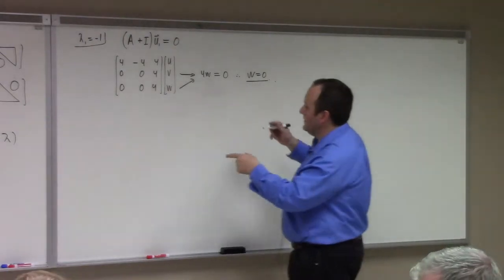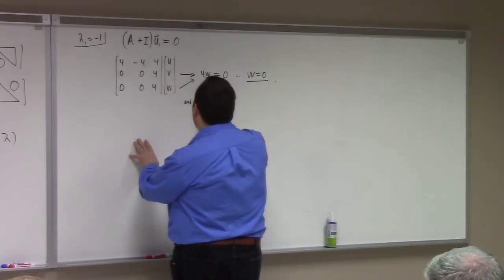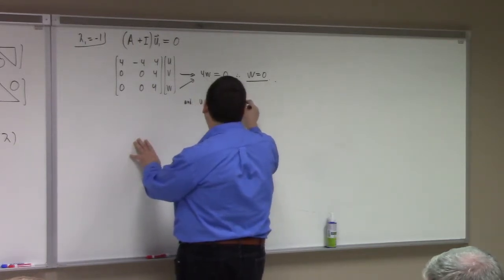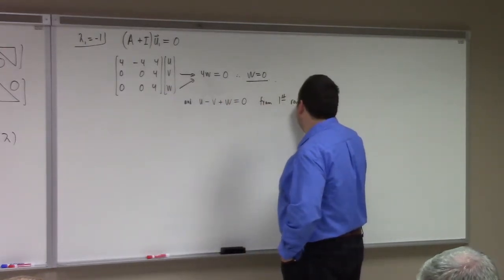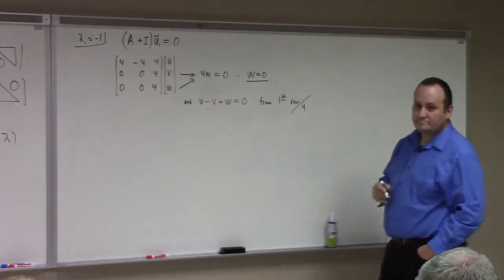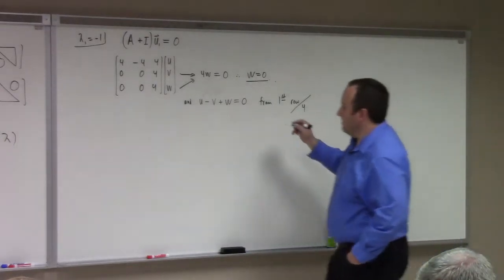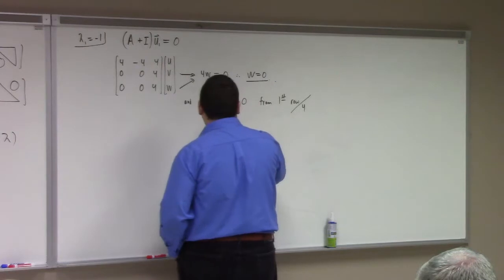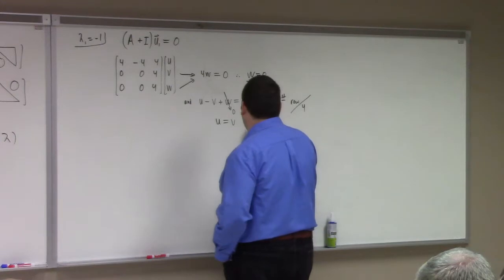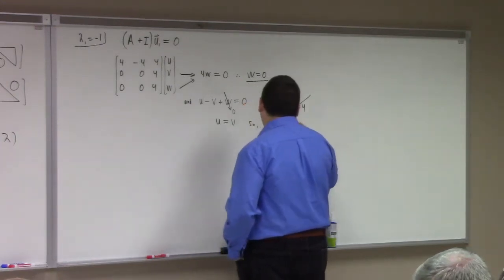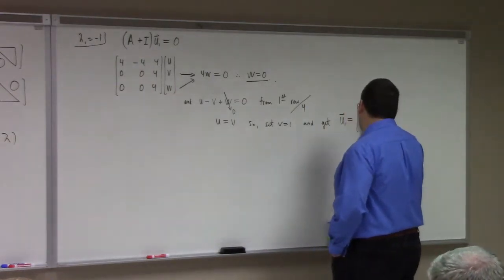What's the first equation say? U minus V plus W equals 0, from the first row, divided by 4. But W is 0, so U equals V. So set V equals 1 and get U1 equals 1, 1, 0.